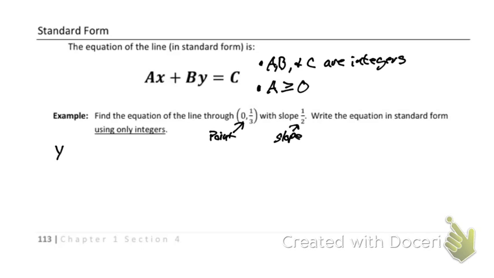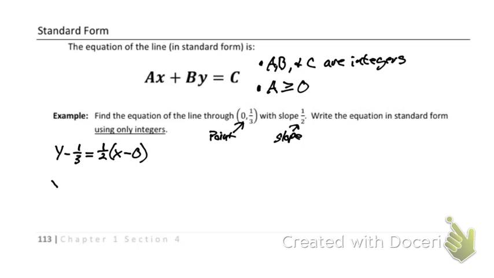Point slope form tells us it'll be y minus our y value, so that's 1/3, equals our slope times our x minus our x value, which is 0.